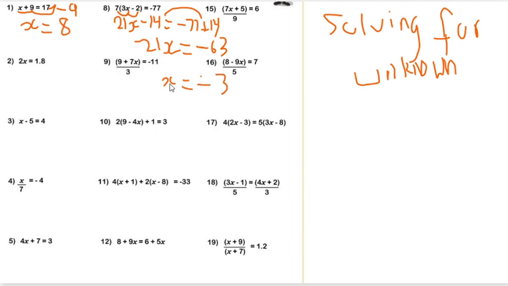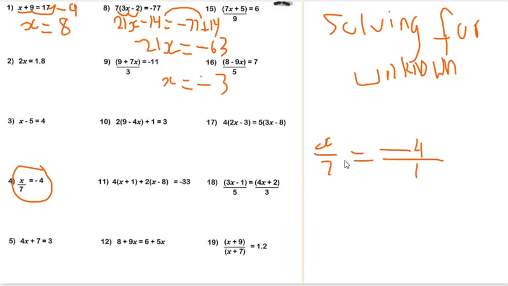Now this is straightforward when it's like this. When it has a fraction like this, this is how you're going to do it. You say x over 7 equals -4. Since -4 is a whole number, just imagine it as all over 1.